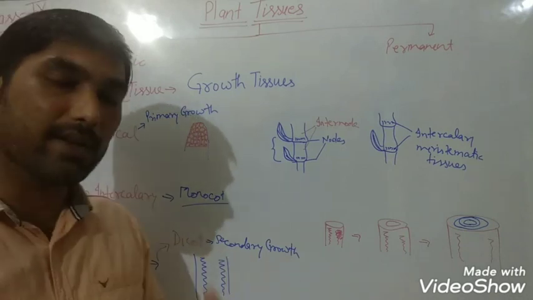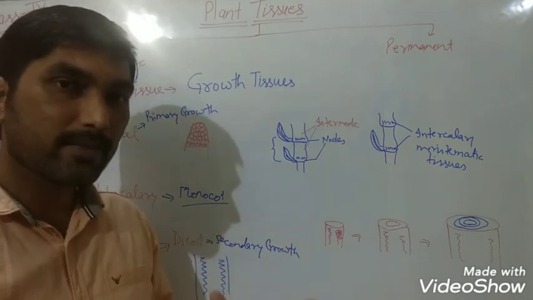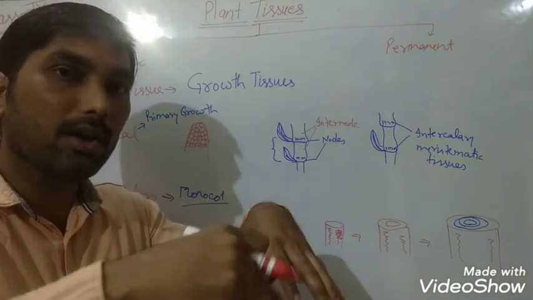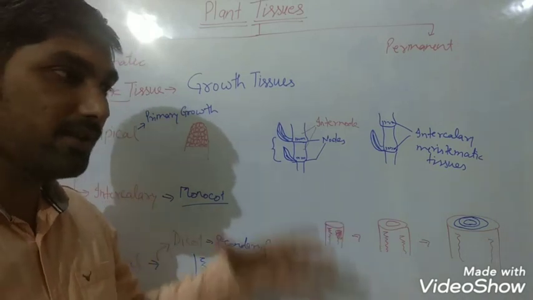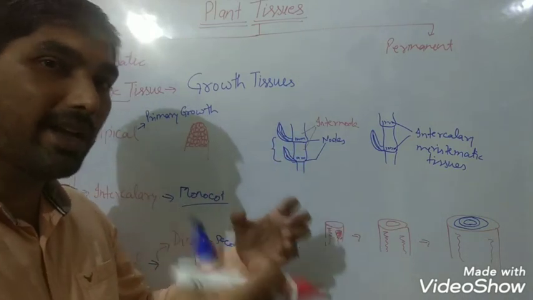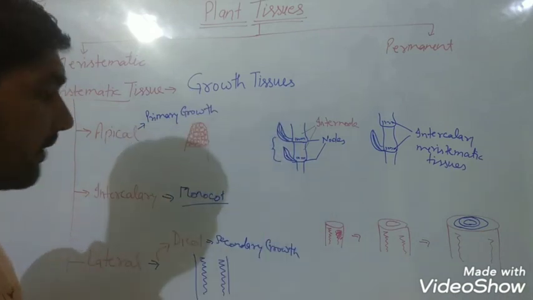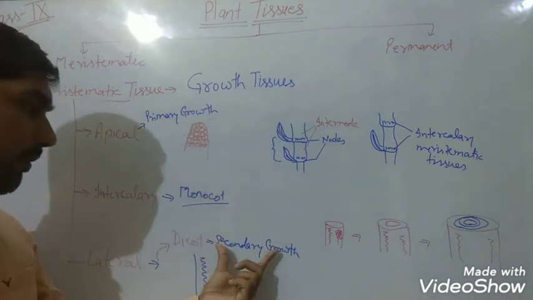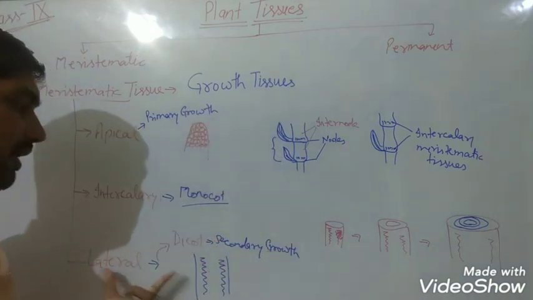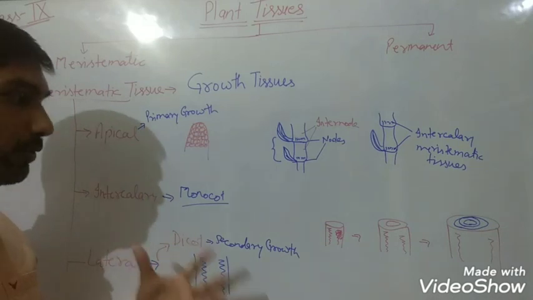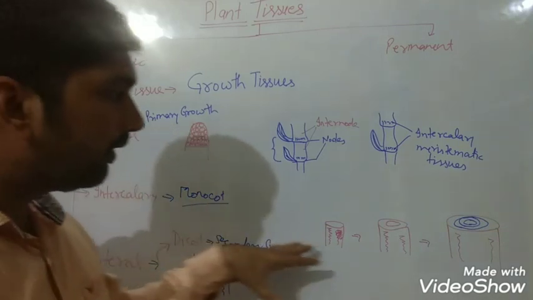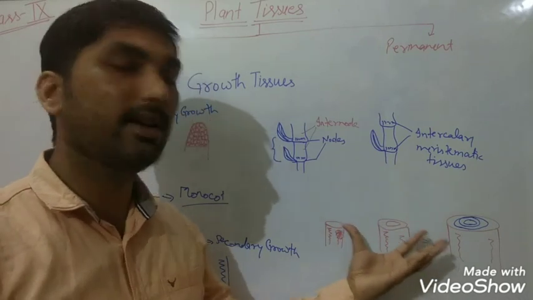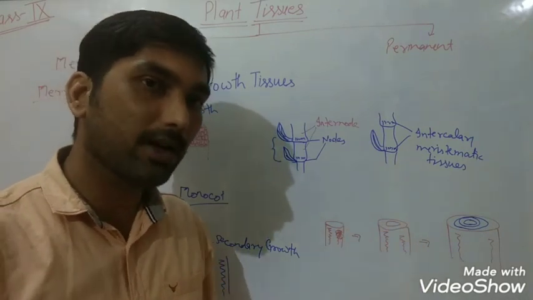What do we mean by secondary growth? Secondary growth is the growth in the girth or width of the plant, which gives mechanical support for the growth of the plant. And this lateral meristem is present only in dicot or vascular plants. So this is how they increase the girth of the plant.